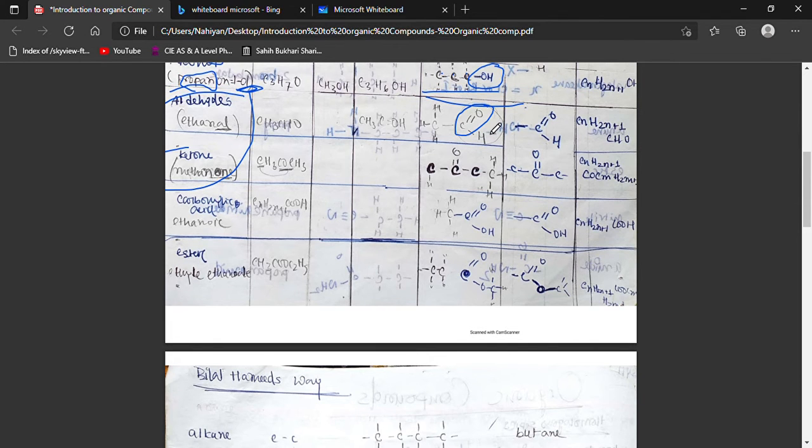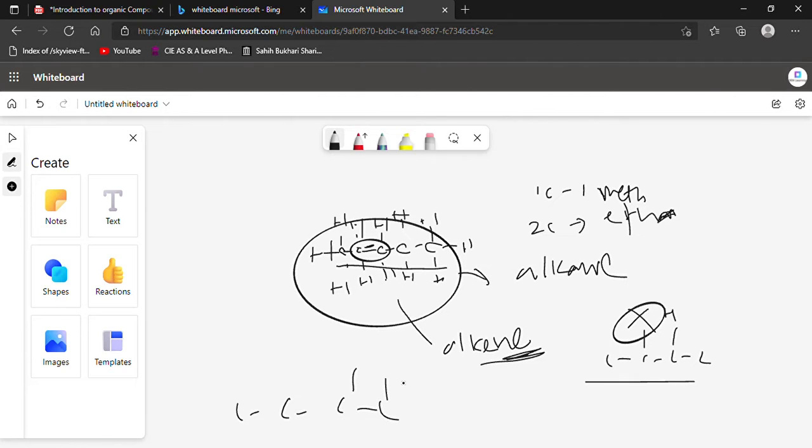The double bonded oxygen must be at the end of the chain, on the first carbon. It must be here or here, never in between.